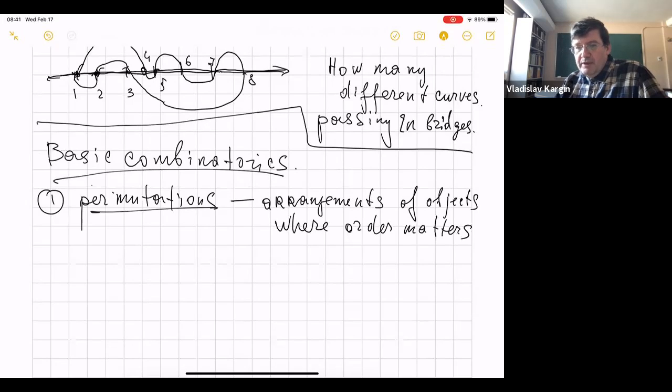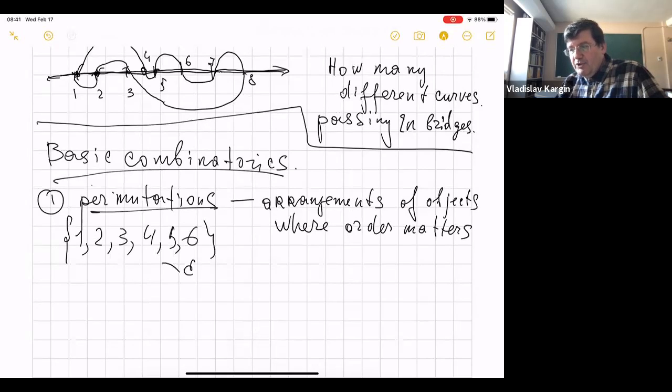For example, let us take an old example, but in a different form: 1, 2, 3, 4, 5, 6. So 6 distinct objects. Here we look at the case when the objects are distinct.